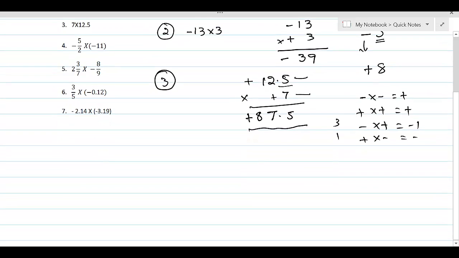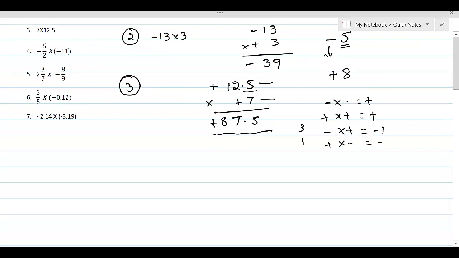And for question number 4, we are going to write question number 4 here. Question number 4 is minus 5 over 2 times minus 11.